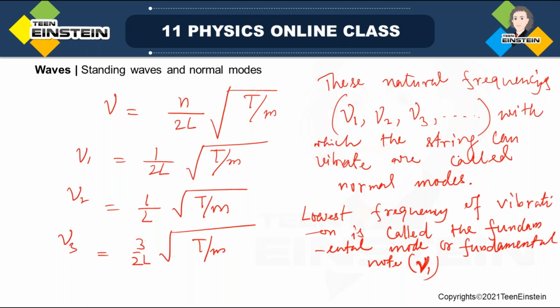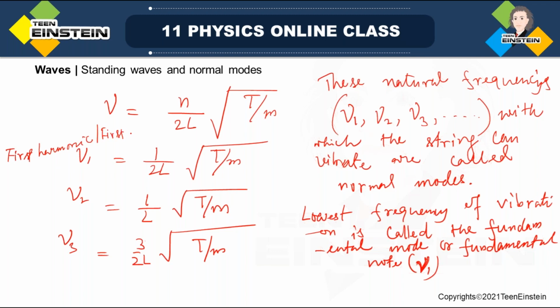So the lowest frequency is called the first harmonic, the first harmonic, or first overtone also.